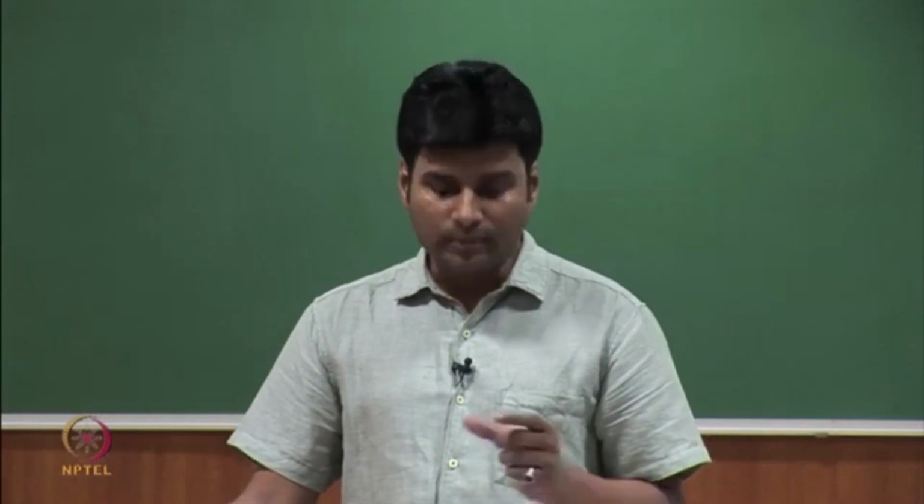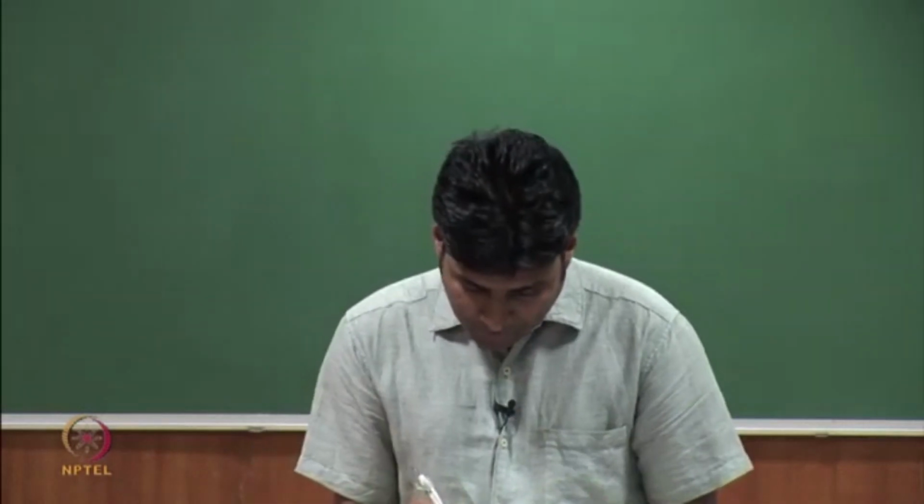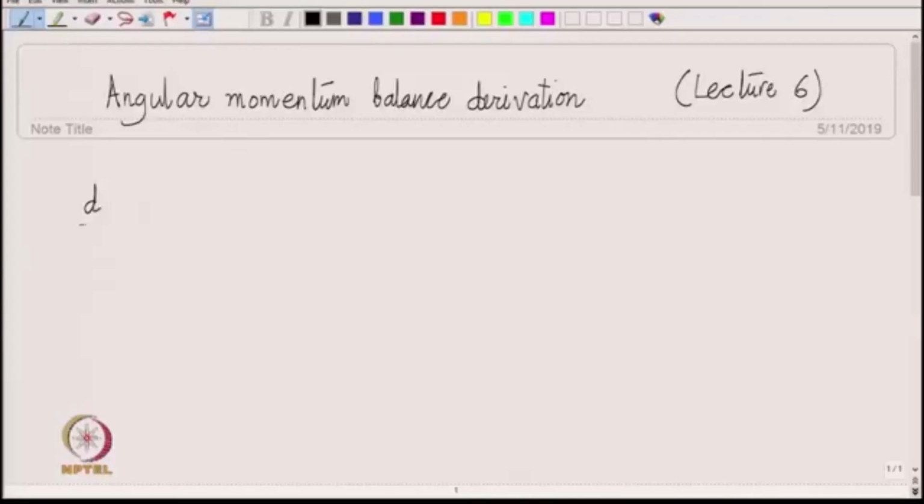So, let us try to derive that term today. We have to derive d by dt of the angular momentum of the cuboid about its centroid. Let me redraw the cuboid.